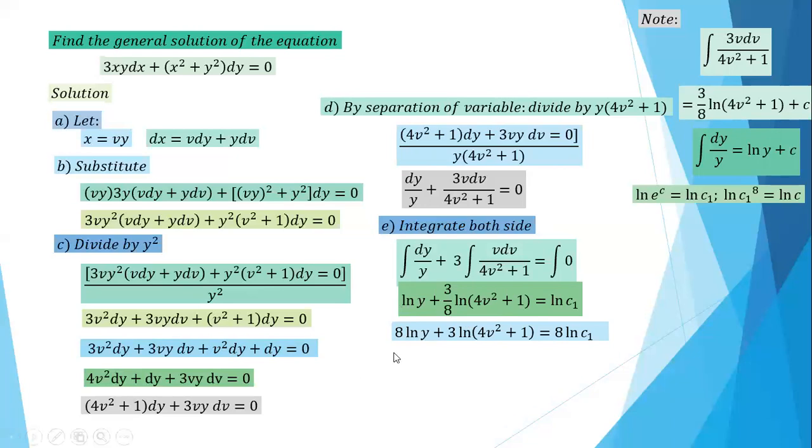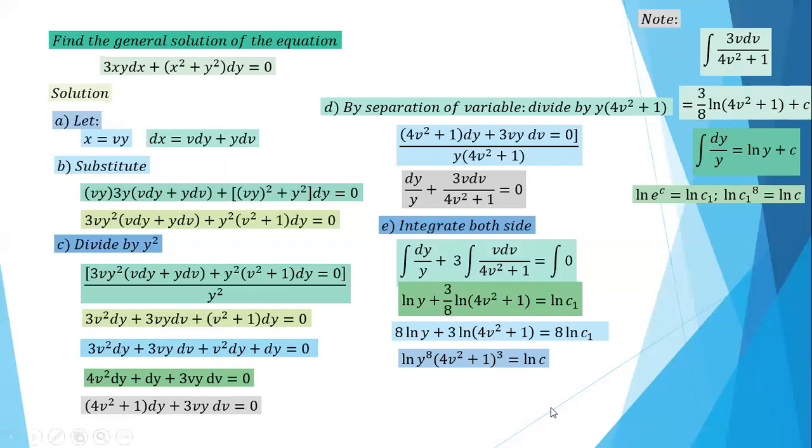So we have now 8 ln of y plus 3 ln of the quantity of 4v squared plus 1 equals 8 ln of c1, or ln of c1 raised to the power of 8 is equal to ln of c. So that's why we have ln of y to the power of 8 times 4v squared plus 1 to the power of 3 equals ln of c.